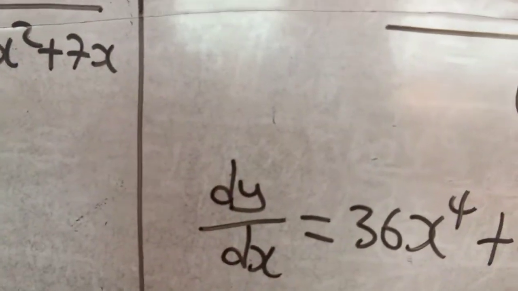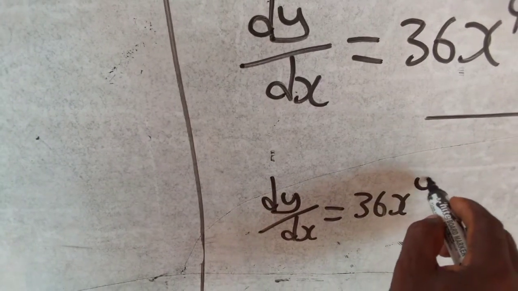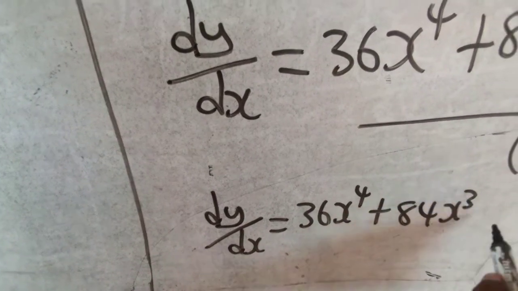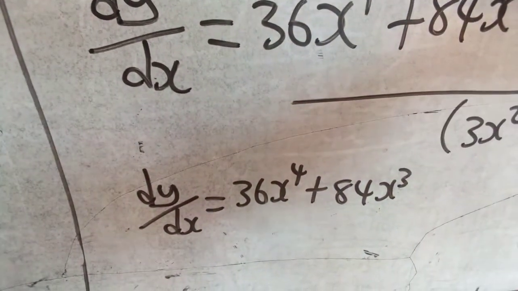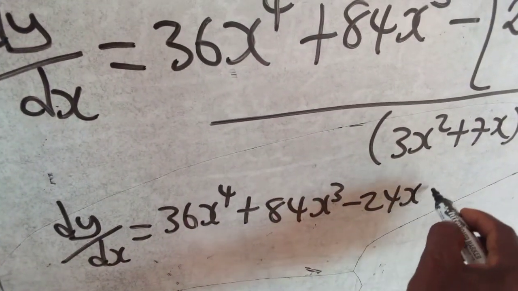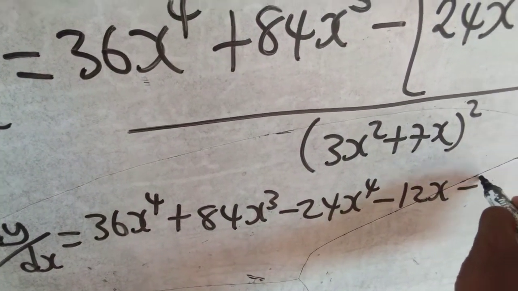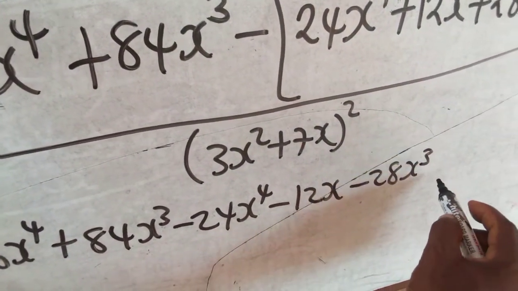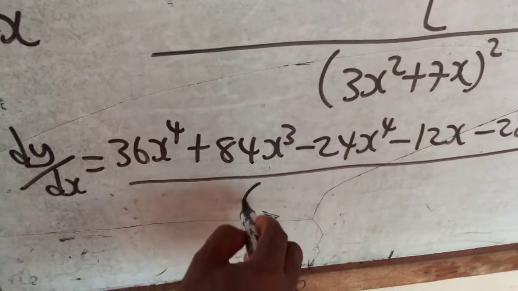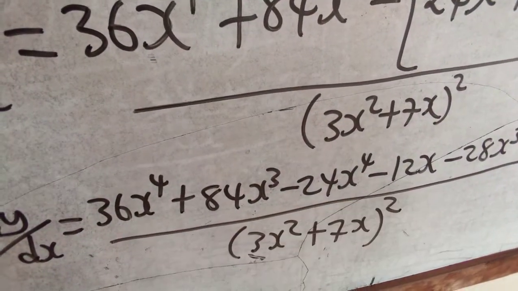So we now have dy over ds will give you 36s raised to power 4 plus 84s raised to power 3. This minus will change all the signs here. So this will change this to minus 24s raised to power 4. This will change this to minus 12s, minus 28s raised to power 3, minus 14, all over 3s squared plus 7s all raised to power 2.